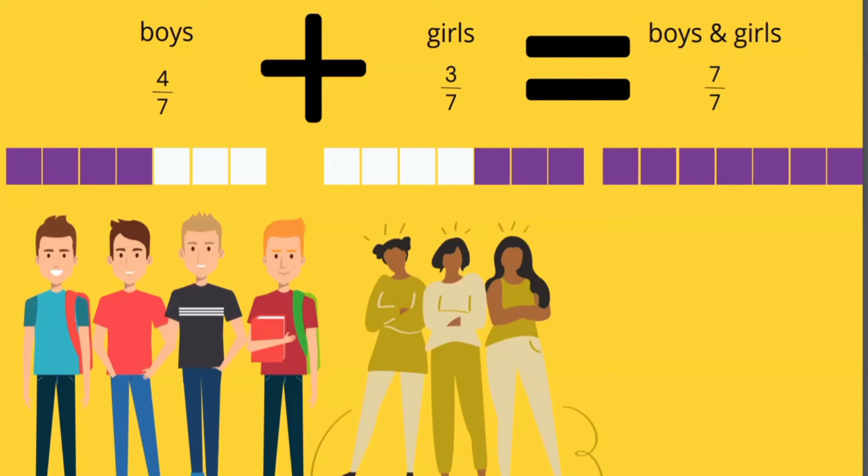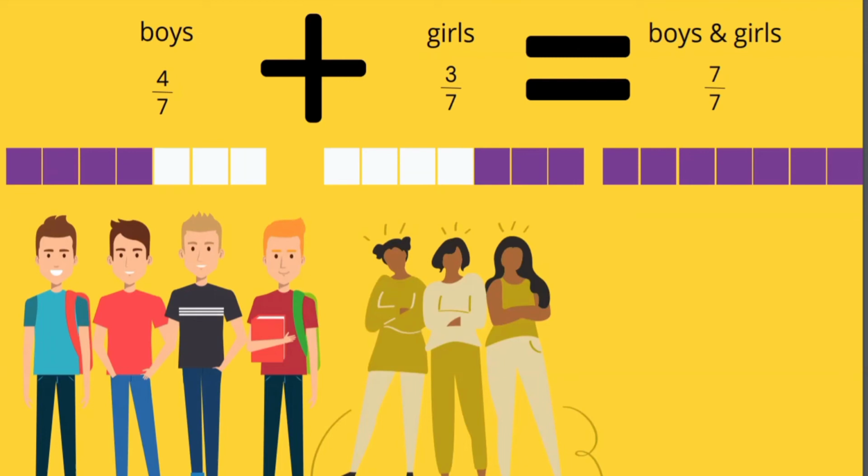So we see here that I have drawn a figure with 7 equal parts, 1, 2, 3, 4, 5, 6, 7. Now I have shaded 4 out of 7 parts since there are 4 boys. So 4 out of the 7 students are boys. So I've shaded 4 parts out of the whole.